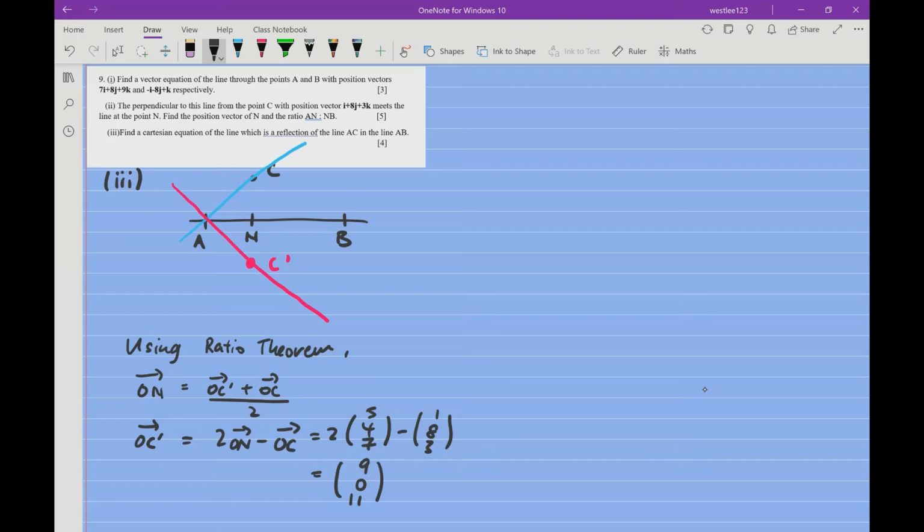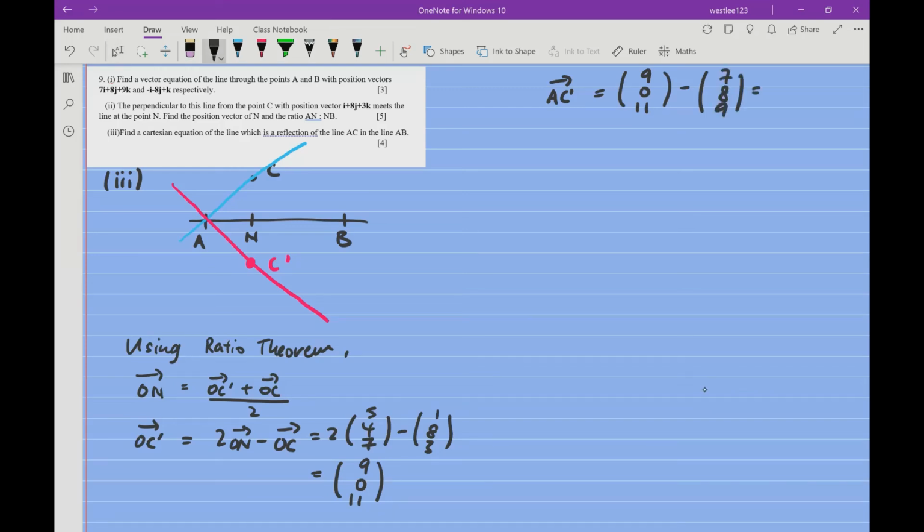So with OC prime, we can find the directional vector of the line AC prime. Okay, so as usual, if you want to find C prime A, it's up to you, as long as you have a directional vector of the line. So I would take C prime minus A, 7, 8, 9.